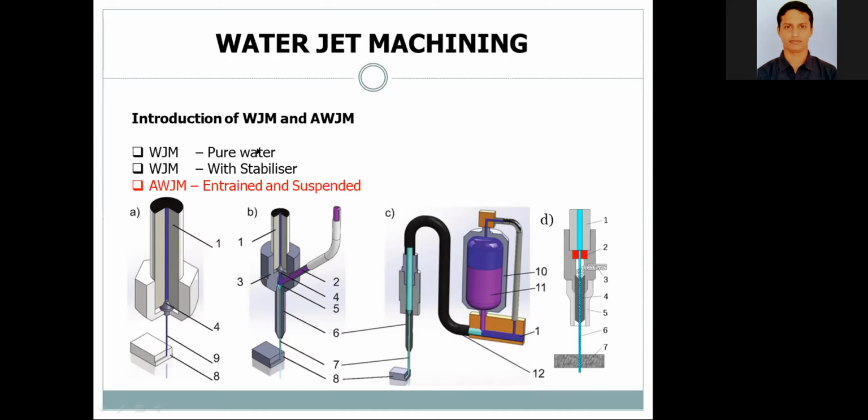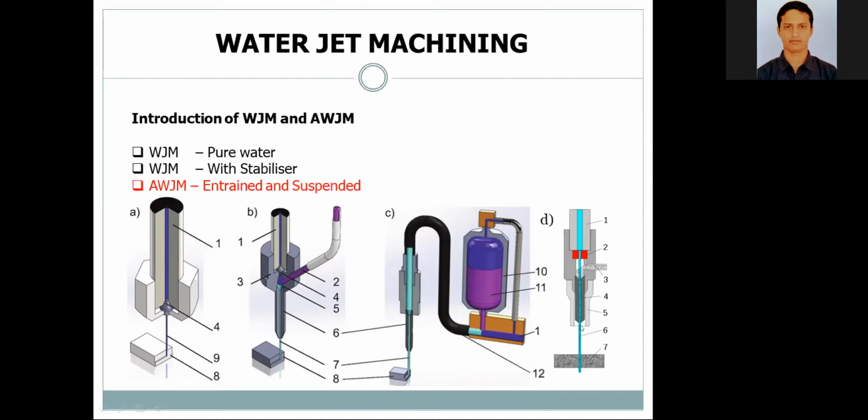In figure D, item 2 is an orifice. What does the orifice perform? The orifice actually converts the pressure of water into kinetic energy. So once the water comes out of the orifice, the water jet is formed. After that, there are two types. One can be water jet, which directly comes out, which is figure A, and figures B and D are abrasive water jet machining.